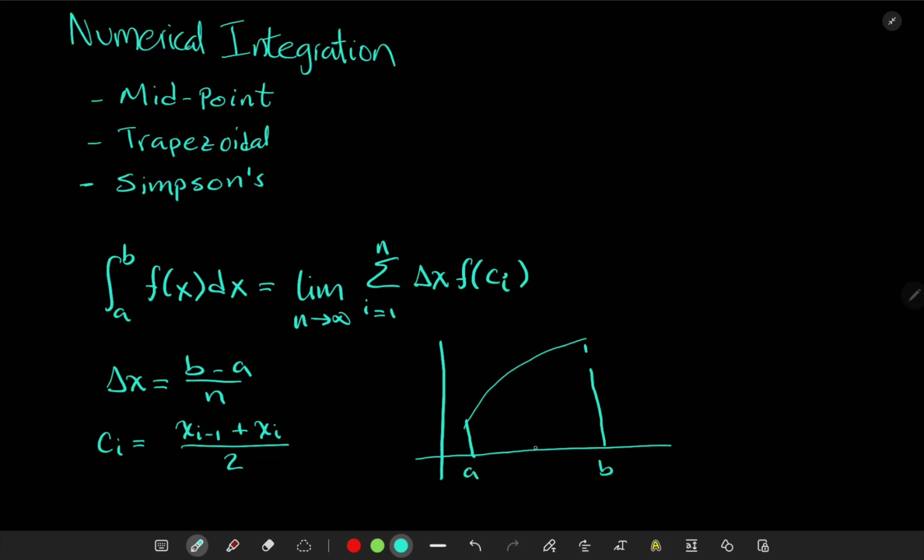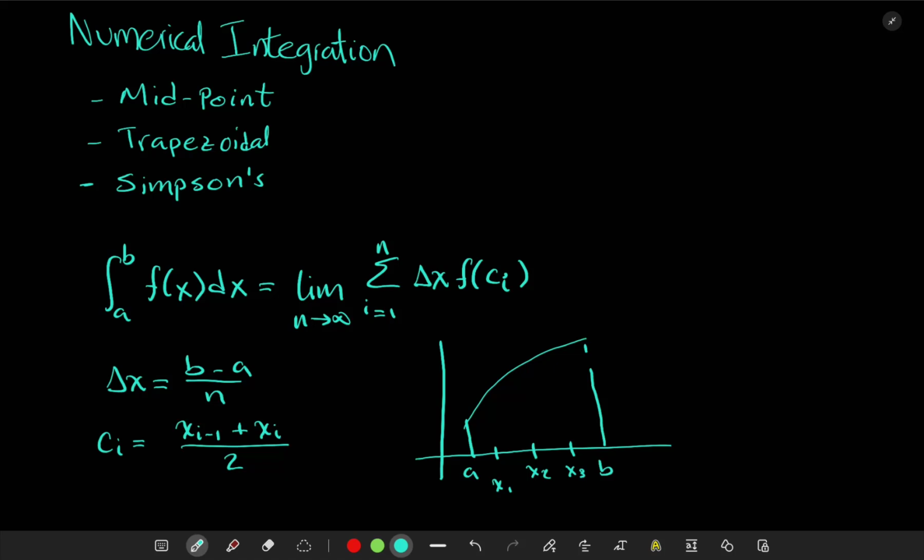In this case, I'm going to do 4 subintervals because I cannot draw too well. So this would be your x1, x2, and x3. a is equal to x0 and b is equal to x4. So there are your 5 endpoints for the 4 subintervals.